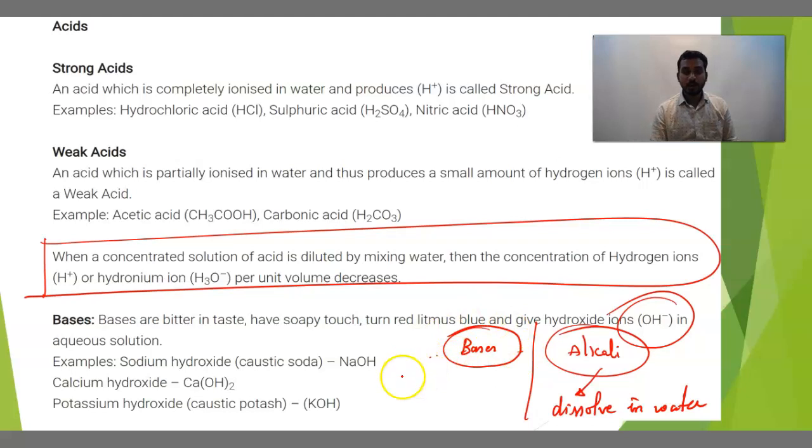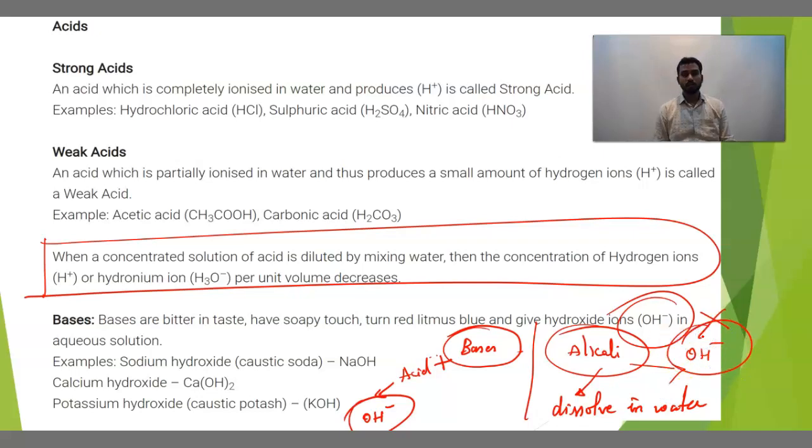Some bases, after reacting with acid, produce hydroxide ions. Those are called bases if they produce hydroxide, but alkali bases will not produce hydroxide ions and they are alkaline in nature. Is this clear?